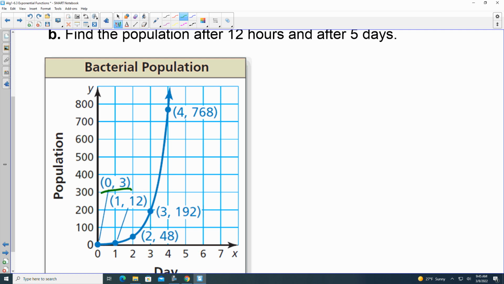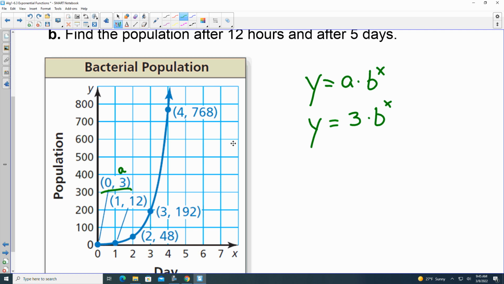And it does. 0, 3. This is my value of a. So using y is equal to a times b raised to the x power, I know that a is 3. So I got y is equal to 3 times b raised to the x power.